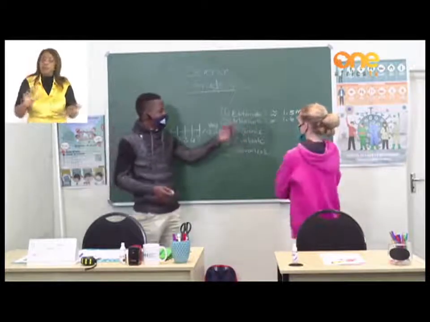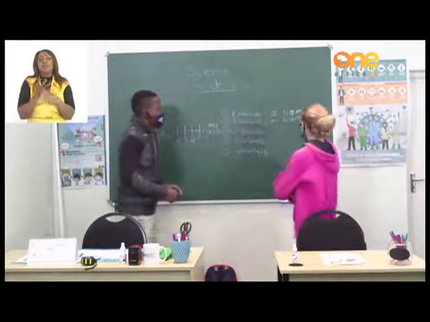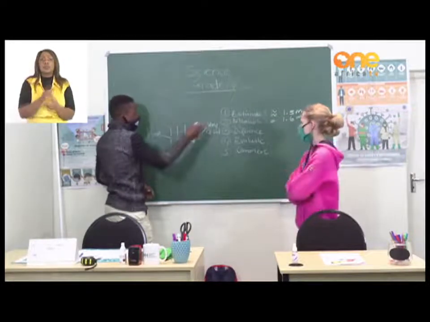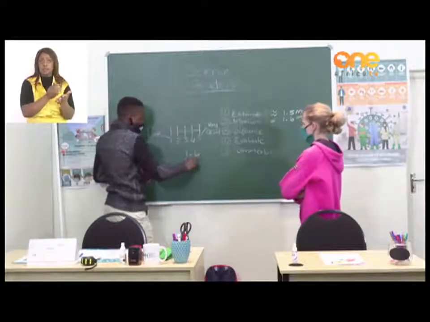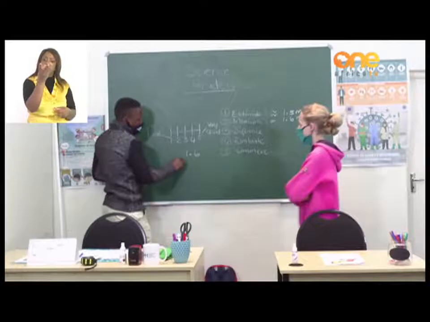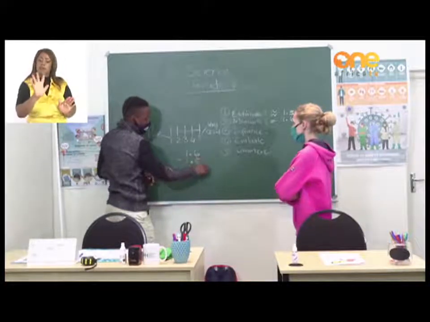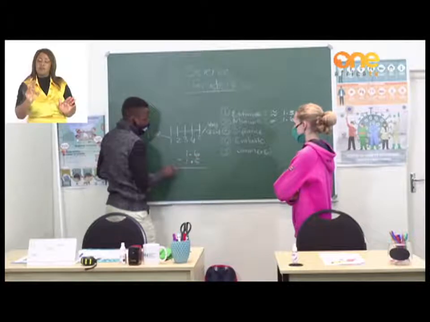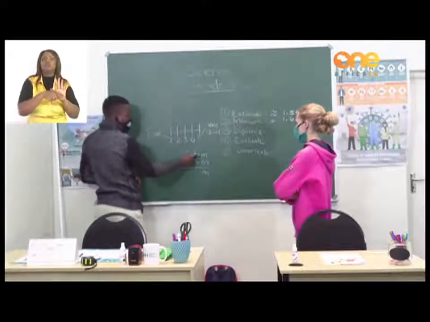The difference is for me to find between these two values, and I'll start with the bigger one, which is 1.6 meter. Then you get it by subtracting 1.5 meters. Remember, these are meters. Subtract that, I'll have it here.